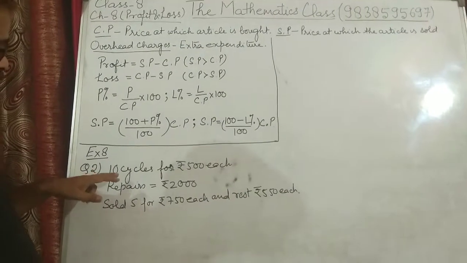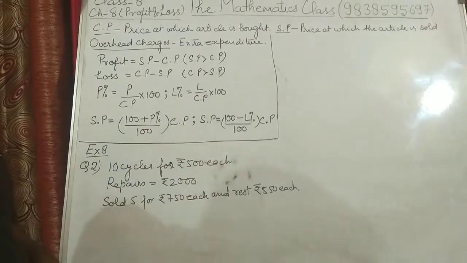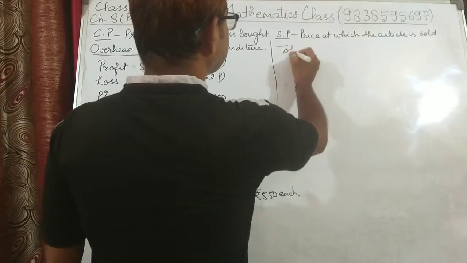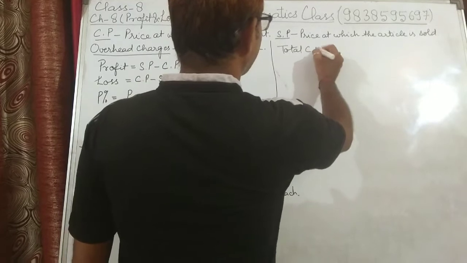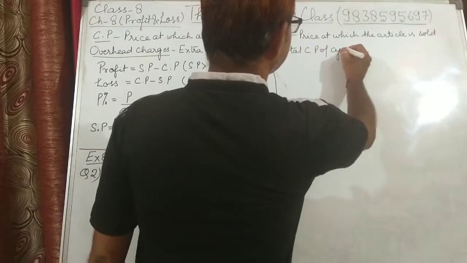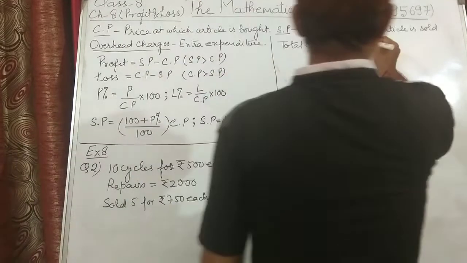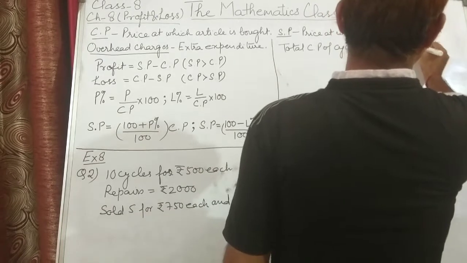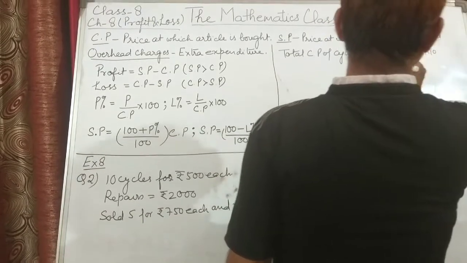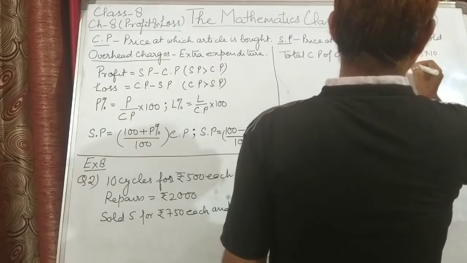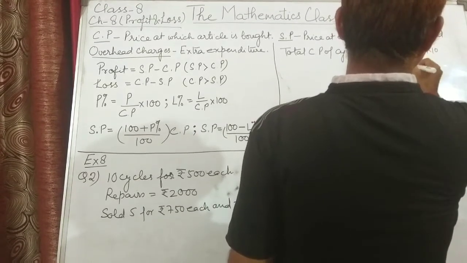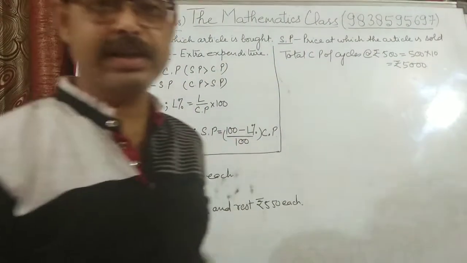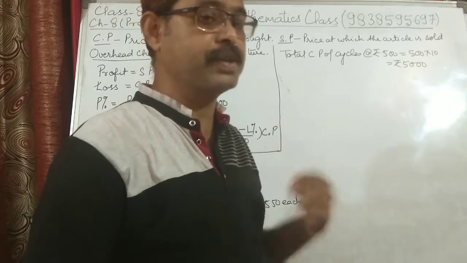Now, he purchased 10 cycles for rupees 500. So total CP of cycles at rupees 500 will be 500 into 10, that is rupees 5,000. He purchased 10 cycles for rupees 5,000.